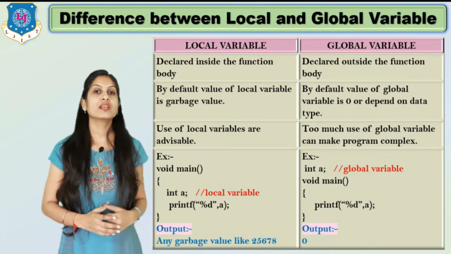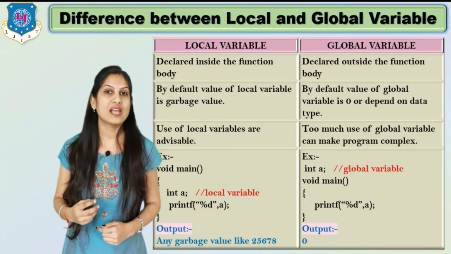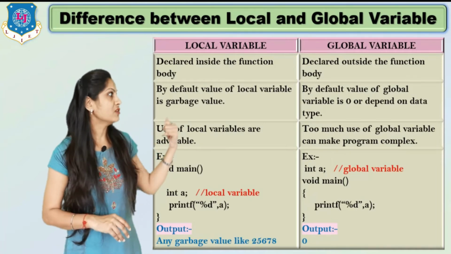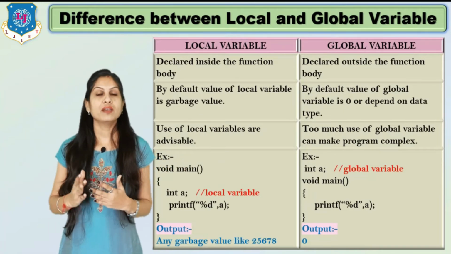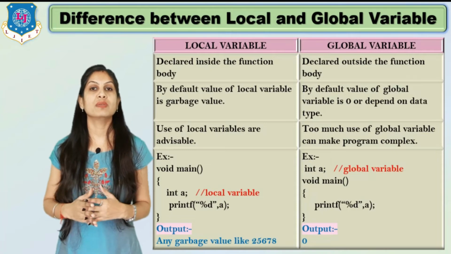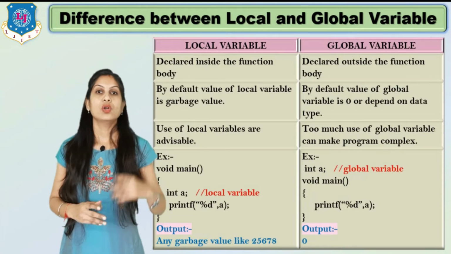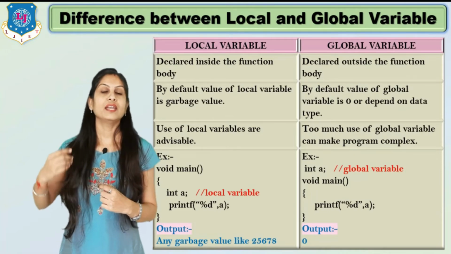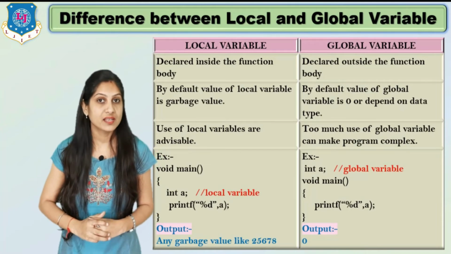Now the third difference is that the use of local variables is advisable because it is easy to understand, but when you use more global variables, the program execution becomes complex and difficult to understand. How? Suppose we write integer a in void main, and before void main we also write integer a.